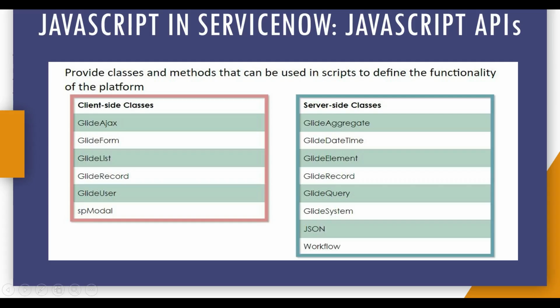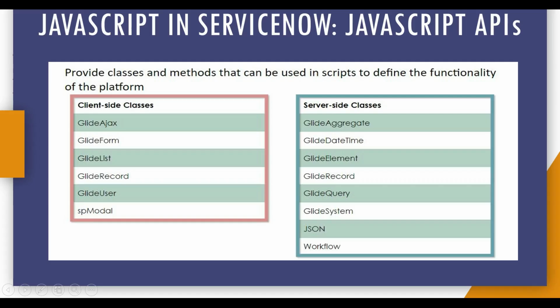When the scripting overview started, I told you we can use GlideRecord in client side also, but we don't use it because it is not a best practice. Usually we use GlideRecord only on the server side, most of the time. That is the best practice.